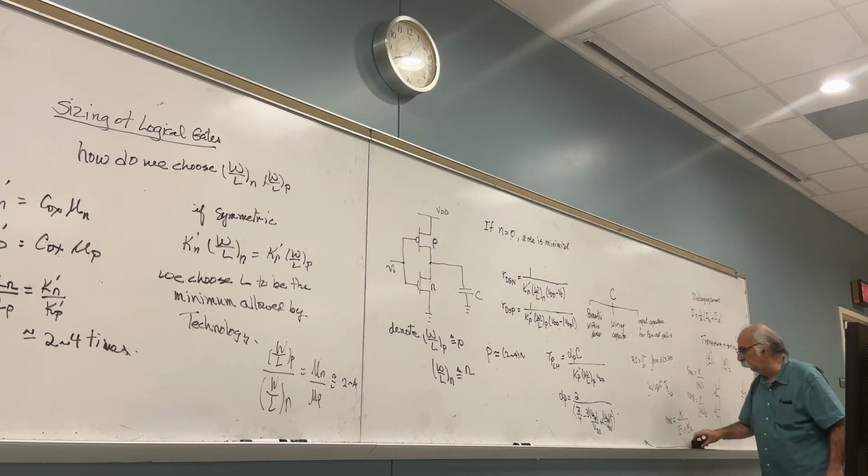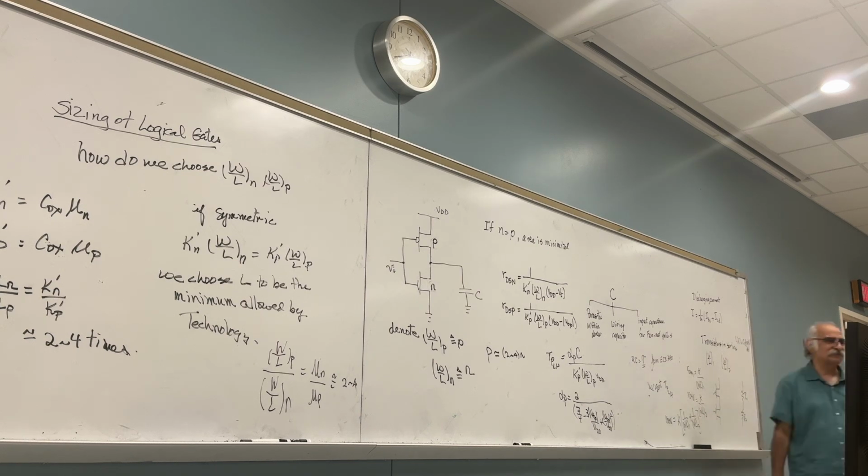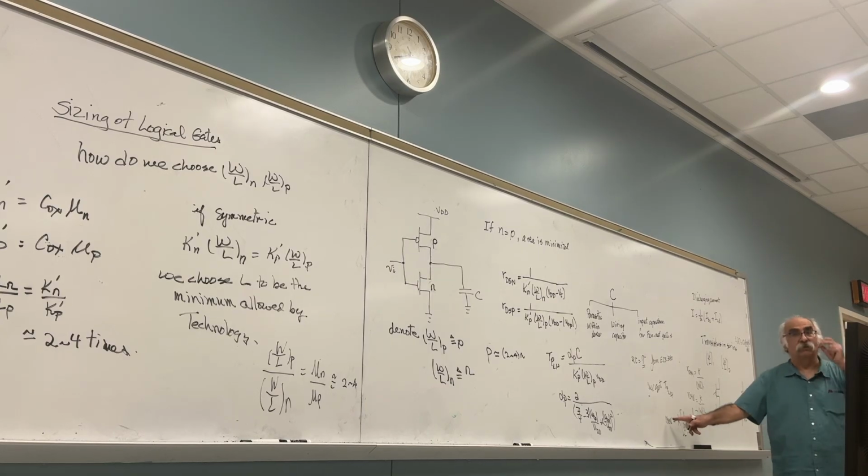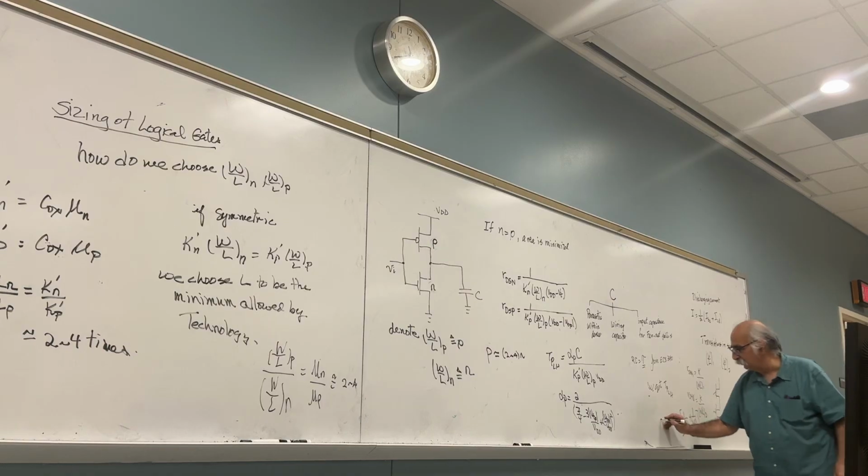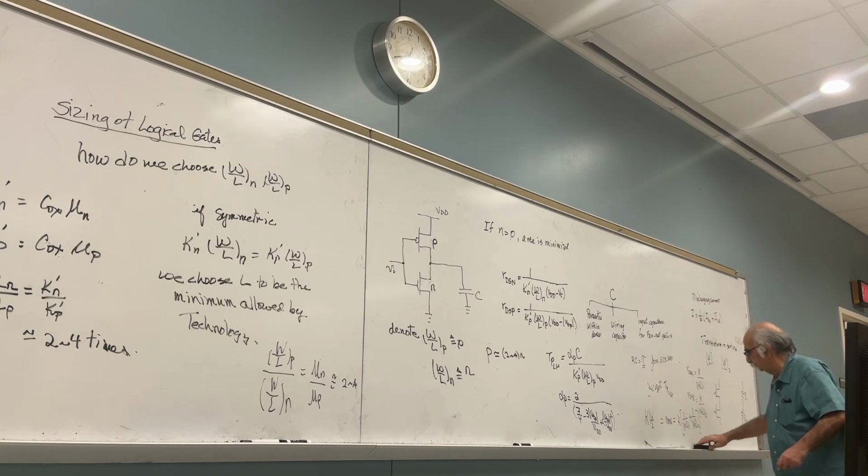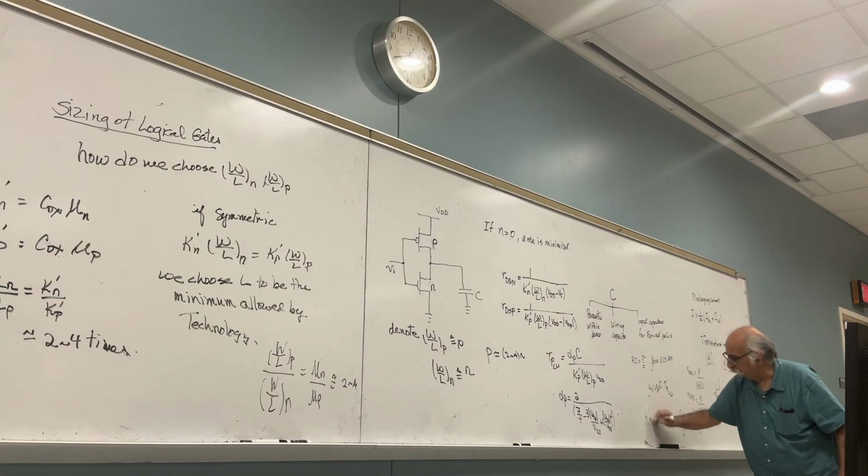No, what am I doing? K. But what is RDSN? This is a total. This one is equal to K times what? Equivalent.